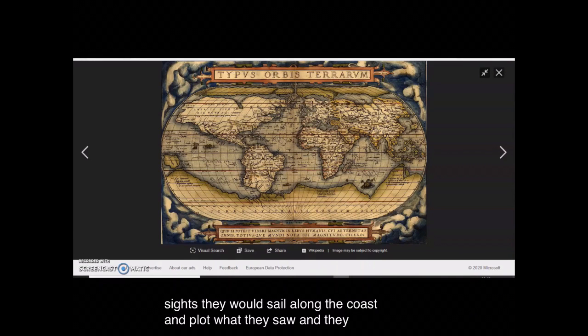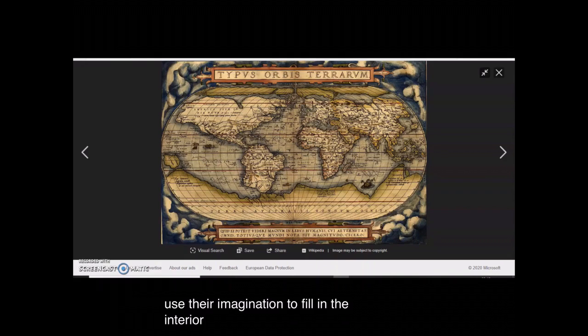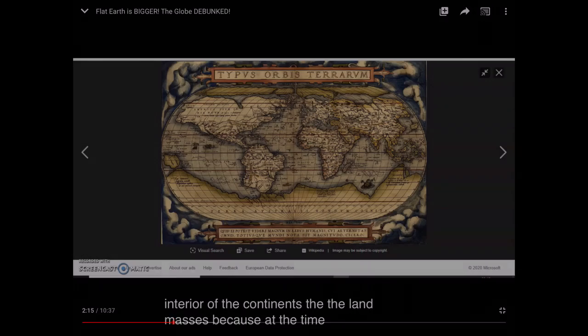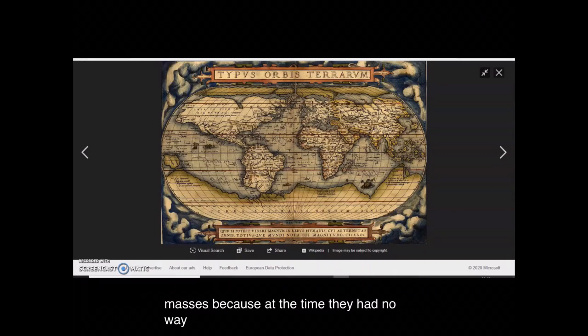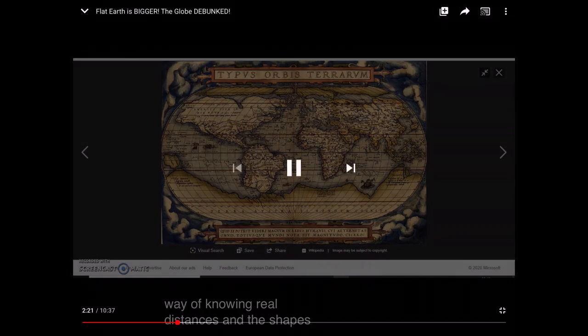And they had to use their imagination to fill in the interior of the continents, the land masses. Yeah, I mean, it got more accurate as we explored the land, but yeah, that's true. At the time they had no way of knowing real distances and the shapes. True.